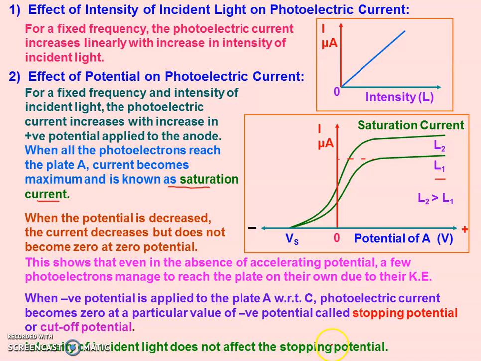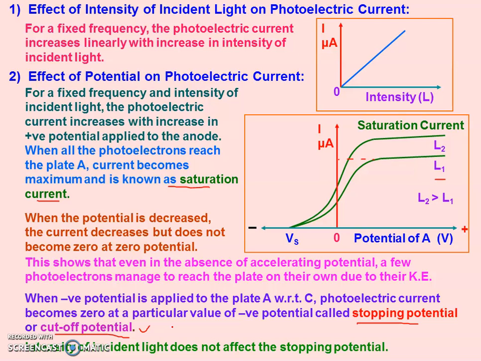If there is no current in the circuit, the potential difference between cathode and anode is called stopping potential. That stopping potential may be known as cut off potential. Cut off potential means there is no current. So there is no supply of current in the circuit.